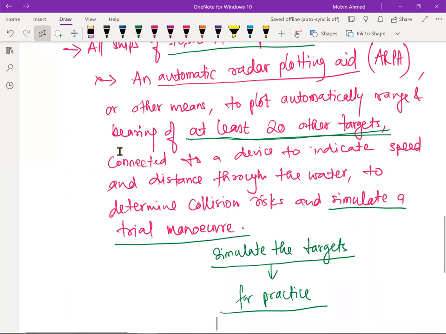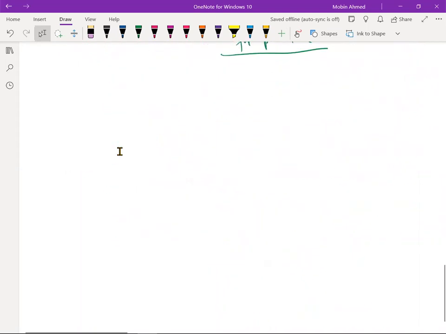Okay. Now we will go on to the basics of this one.